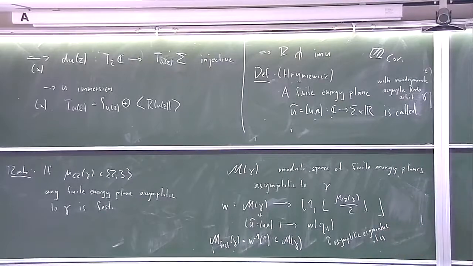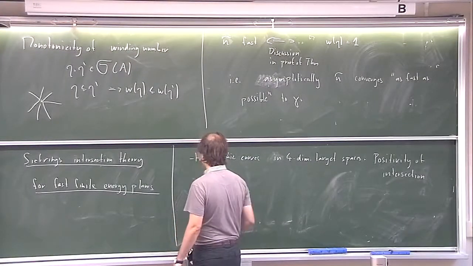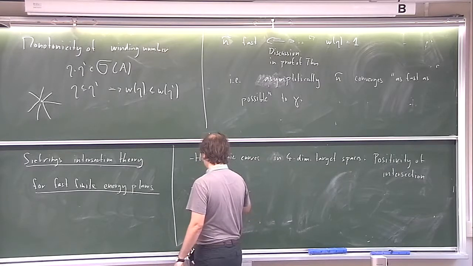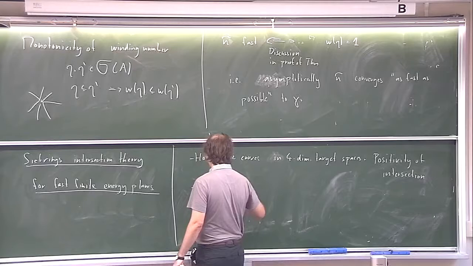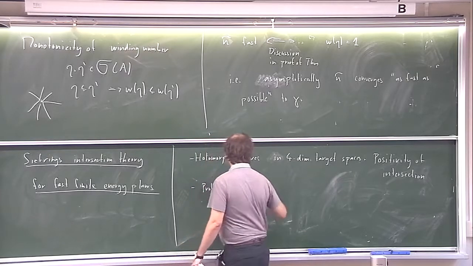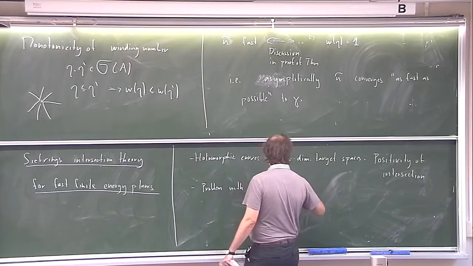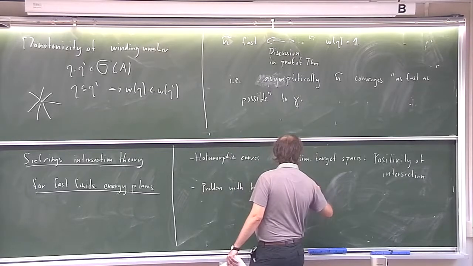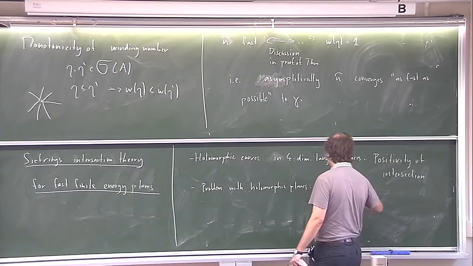But our holomorphic planes have a bit of a nasty property because they have non-compact domain. The problem with holomorphic planes is that we have C, a non-compact domain.